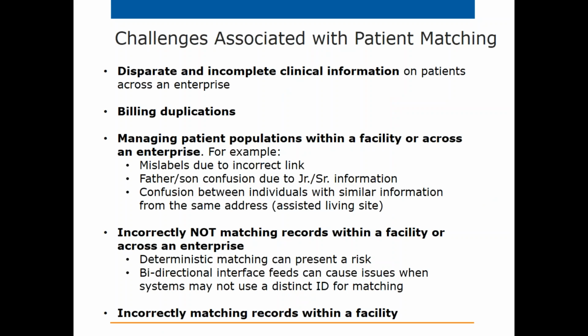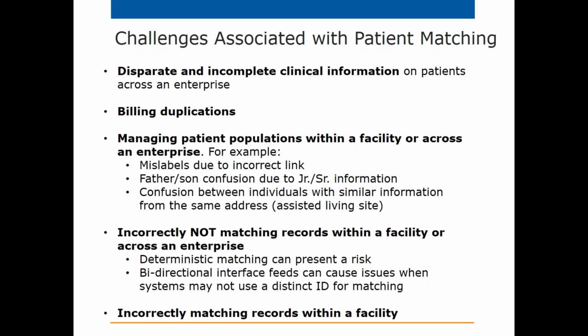Challenges associated with patient matching. Obviously, disparate and incomplete clinical information on patients across the enterprise, that's a challenge that we're trying to overcome. Billing duplications, managing patient populations within a facility or across an enterprise, obviously mislabels, father-son due to junior-senior confusion.